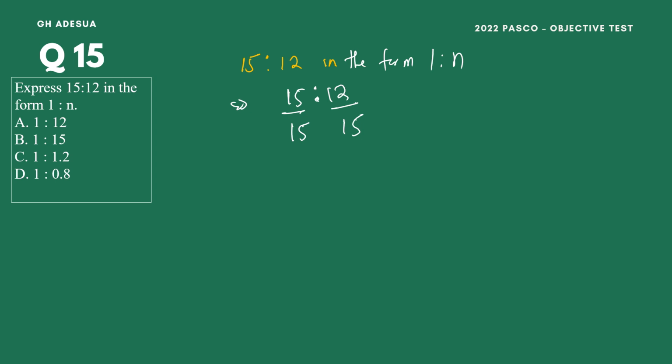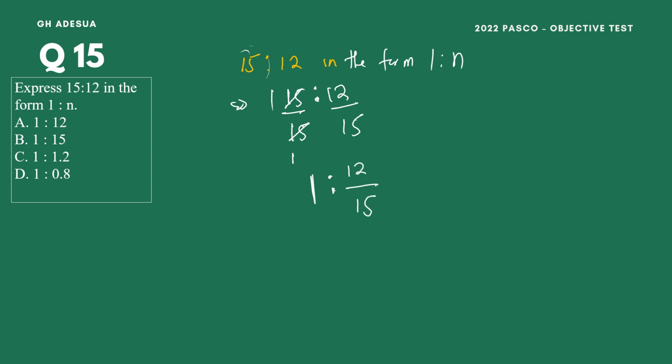So we divide this 15 by 15, which goes in once, giving us 1 over 1, which is 1. So 1 is to 12 over 15.